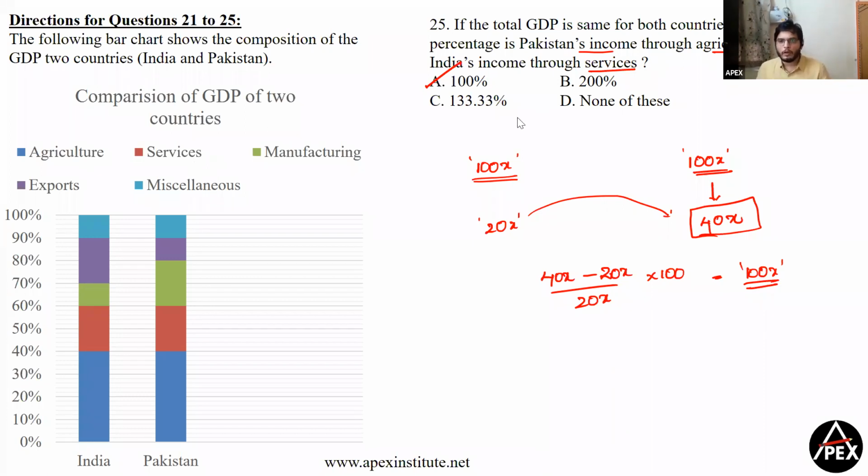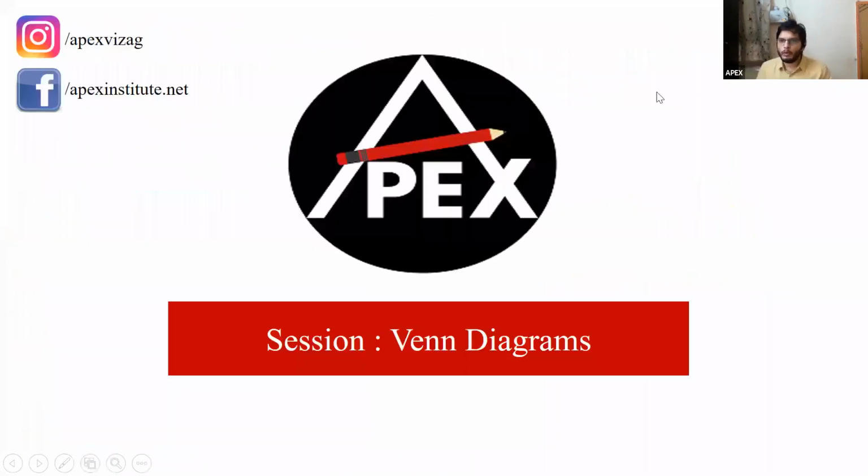So let's move to Venn diagrams. How many of you consider Venn diagrams easy? Venn diagrams is not syllogisms. Venn diagrams can be used in syllogisms, but Venn diagrams is a separate topic.